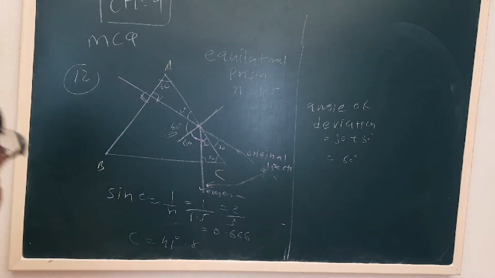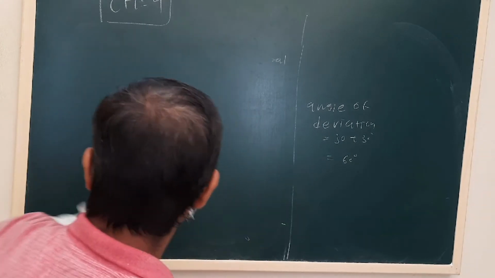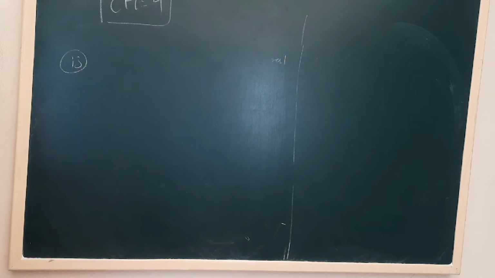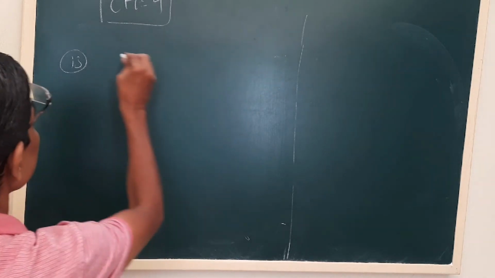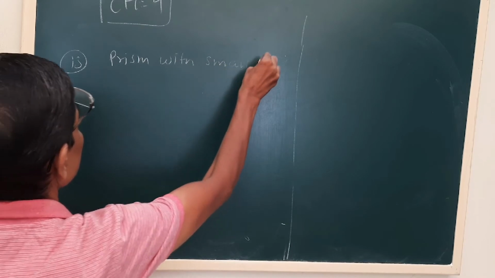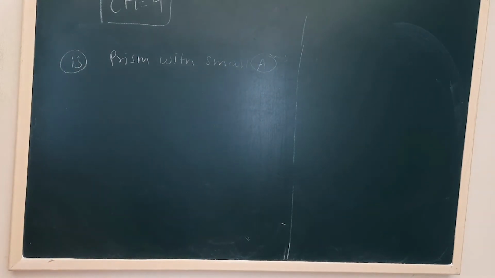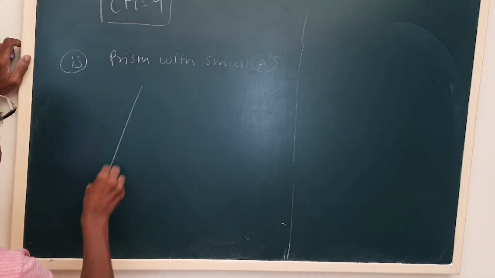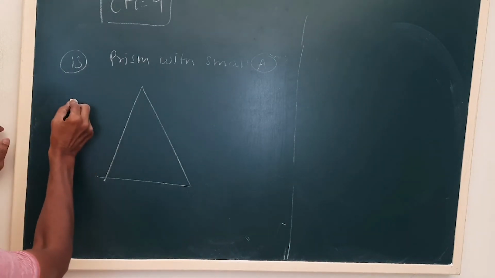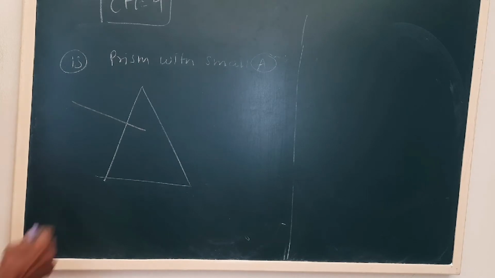Now see our next MCQ. Here the question is related to a small angle of prism. The ray is incident, there is a normal, and this is the angle of incidence.